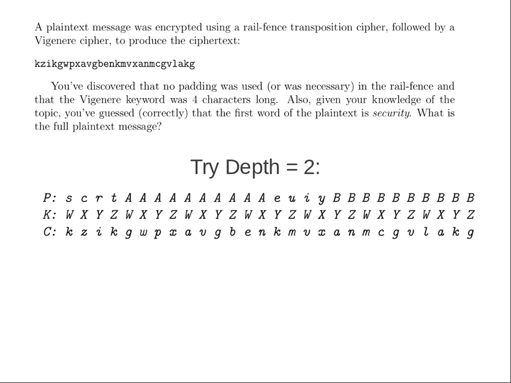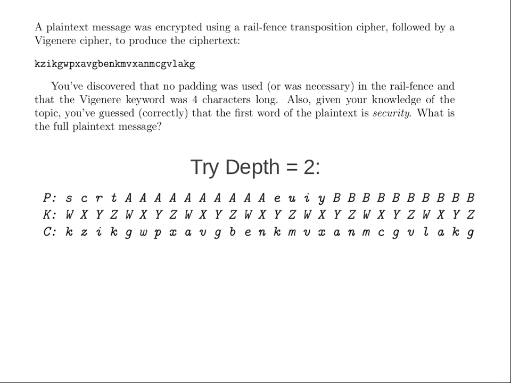S encrypted with some key gives me the output K. C encrypted with some other key gives me Z. Same with R and T. I also know I, encrypted with the same key W, whatever the value W is, gives me V. S encrypted with W gives me K. What is W? That's the next step.